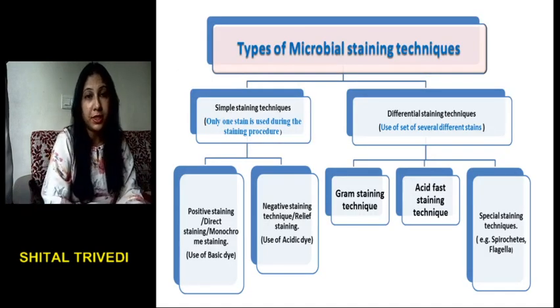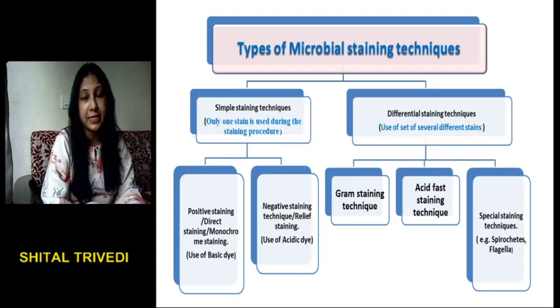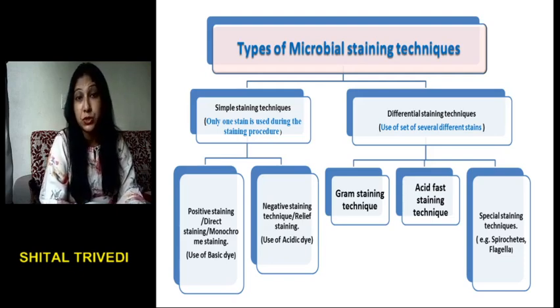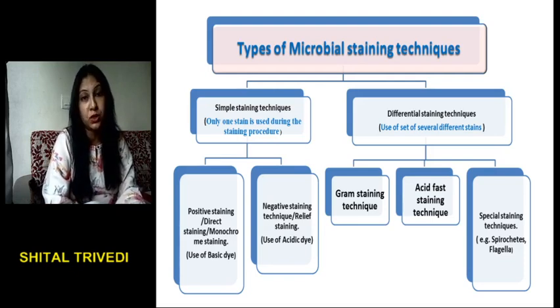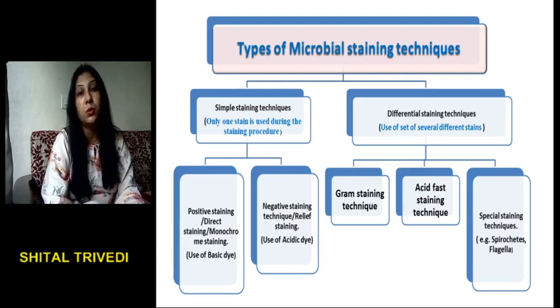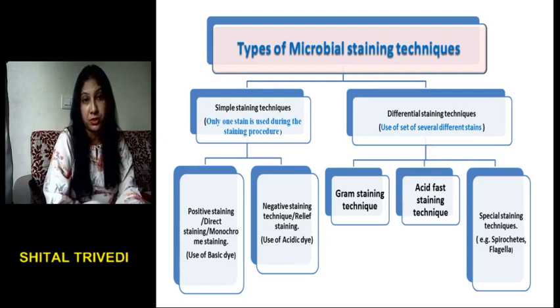Now let's see the types of different microbial staining techniques. Basically there are two techniques: the simple microbial staining technique and the differential microbial staining technique. The basic difference is that the simple staining technique involves the use of only one staining reagent, whereas the differential staining technique involves two or more different staining reagents.